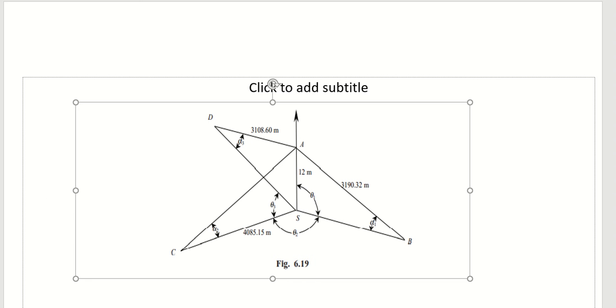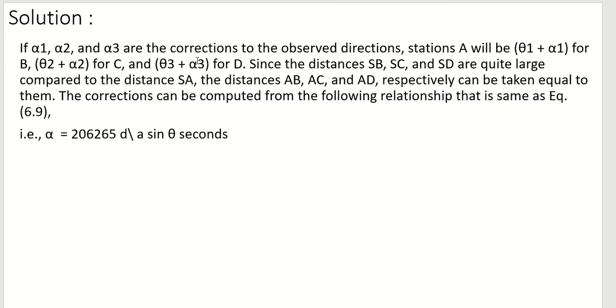Alpha 1, alpha 2, alpha 3 are the corrections for the bearing measured from station A, and theta 1, theta 2, and theta 3 are the bearings measured from satellite station S. Then the actual bearings of points B, C, and D are theta 1 plus alpha 1, theta 2 plus alpha 2, and theta 3 plus alpha 3, because the actual value is equal to the correction plus the measured value.